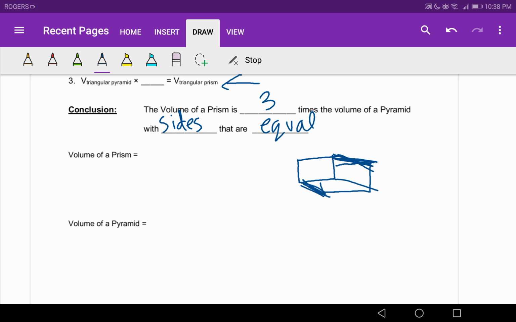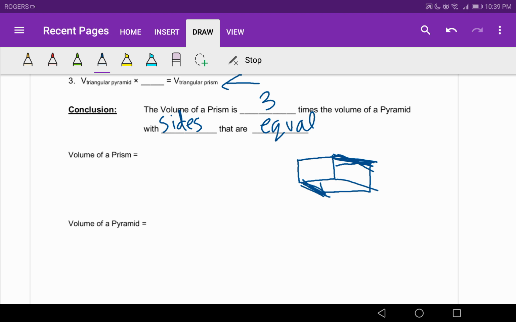It's a little difficult drawing with this pen. So, the volume of a prism, in this case a rectangular prism. I can tell you that for all of these volume questions, you're going to make life a lot easier on yourself if you remember this one thing.